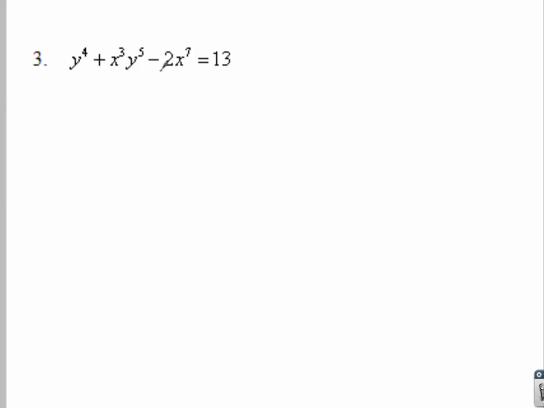This one, be very careful, because as we get to this middle term right here, this is a product of different variables. Call it f is the x cubed function, the g is the y to the 5th function. So multiplied is product. We need a product rule when we get here. So when I take the derivative of y to the 4th, 4y cubed dy/dx using our chain rule.